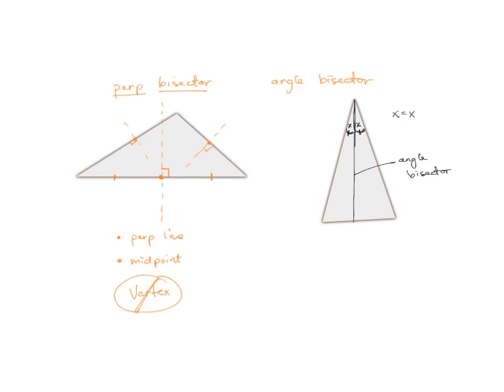And again, I could draw, let's call this y and y, that's an angle bisector, and let's call this z and z, that's also an angle bisector. All it does is bisect into 2 equal pieces. Bisect angle. Again, no vertex. Well, actually, yeah, vertex would be included in that because it starts at the angle vertex.